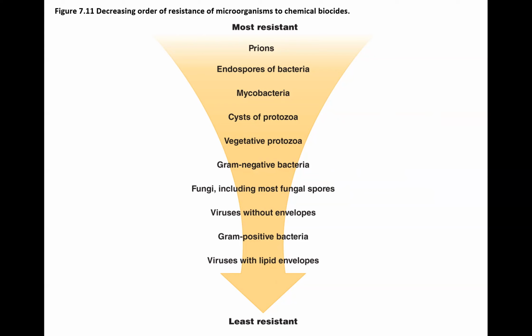Again, not all bacteria have endospores, but the ones that do, we want to be able to kill and remove. Your mycobacterium genera are really difficult to treat. Protozoal cysts, so those are those dormant phases. And then we get to kind of the more moderate, kind of easier to remove. And then we work our way down to the least resistant, which are those envelope viruses.